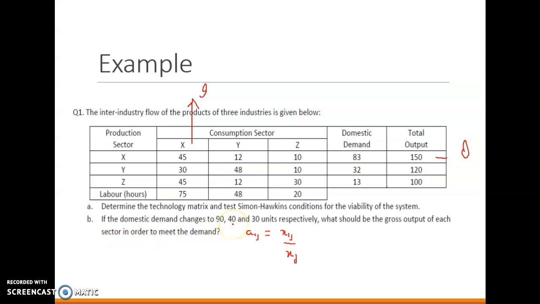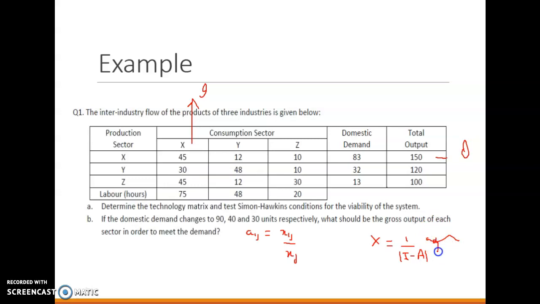So now your demand D is 90, 40 and 30, and we have already understood in the last video that for calculating the gross output, the formula is X equals 1 divided by the determinant of the Leontief matrix, multiplied by the adjoint of I minus A, multiplied by D. I'm sorry, it is very difficult to write with this.